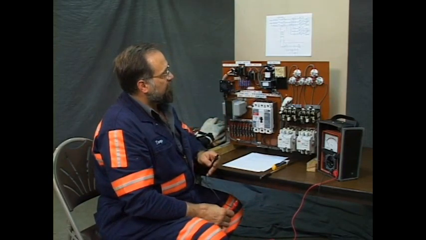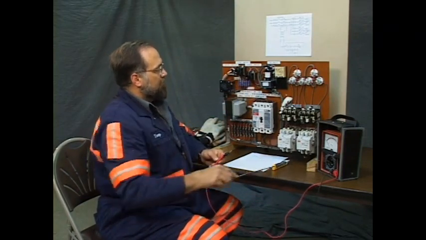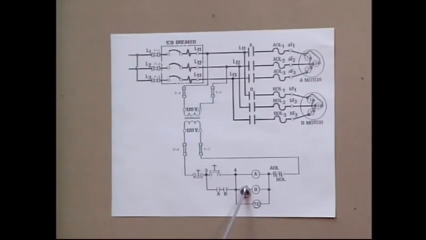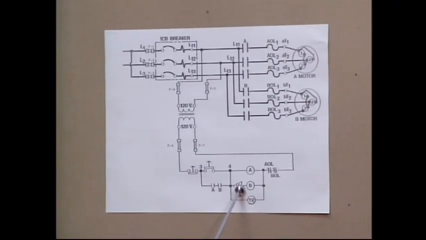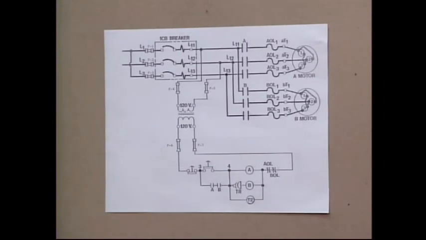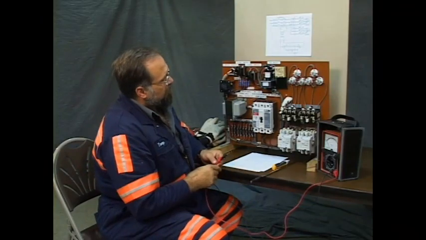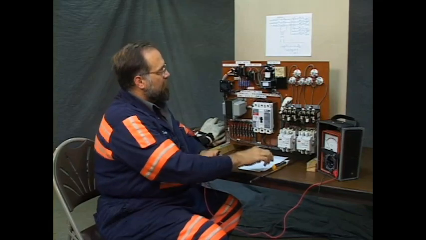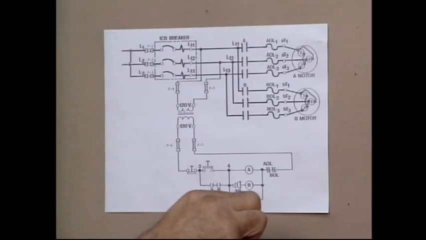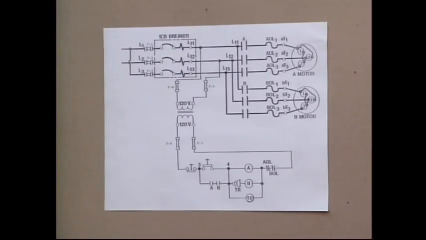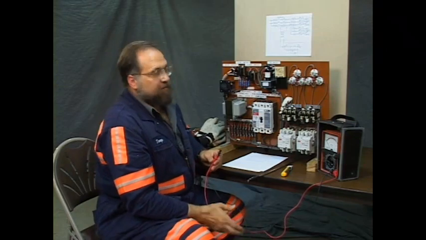The next point to test from this, the line side or the load side of the TR mercury tube to the line side of B coil. And now note on the print, that's a very, very small line. That's for the expediency of the drawing.